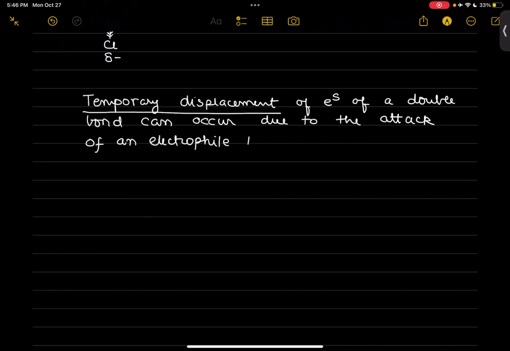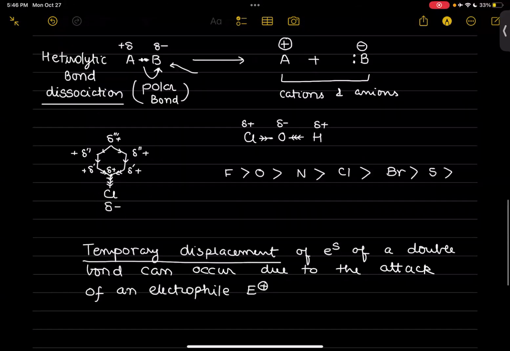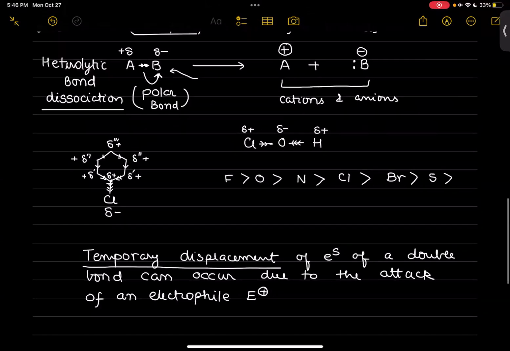Does temporary displacement not take place in a single bond? No, what we were discussing earlier was a permanent effect. Inductive effect is a permanent effect.